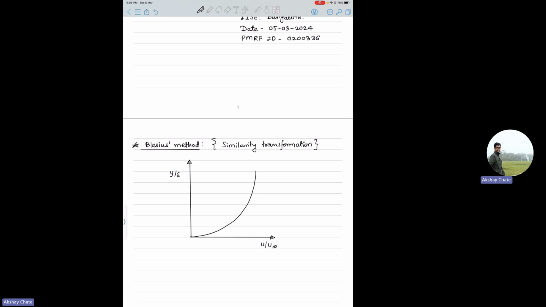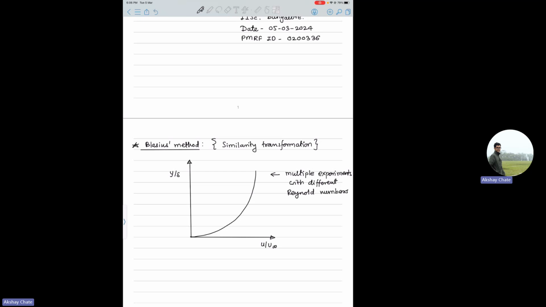Delta is the boundary layer thickness. He did multiple experiments with different Reynolds numbers, but this is for the laminar regime only. Within the laminar regime, he did experiments with various Reynolds numbers.